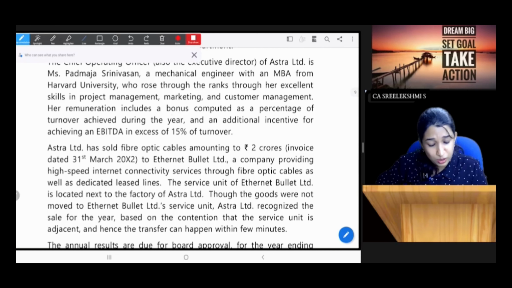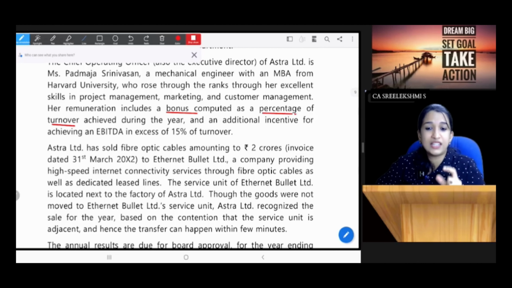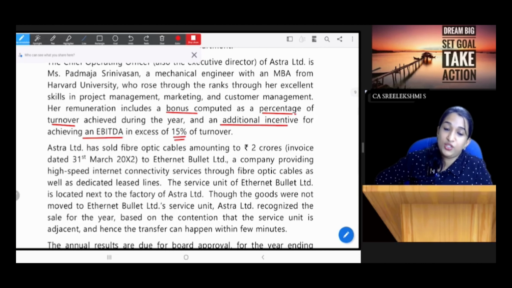Her remuneration includes a bonus computed as a percentage of turnover. So total turnover into percentage is also given to the COO as bonus, and an additional incentive for achieving EBITDA in excess of 15% of turnover.